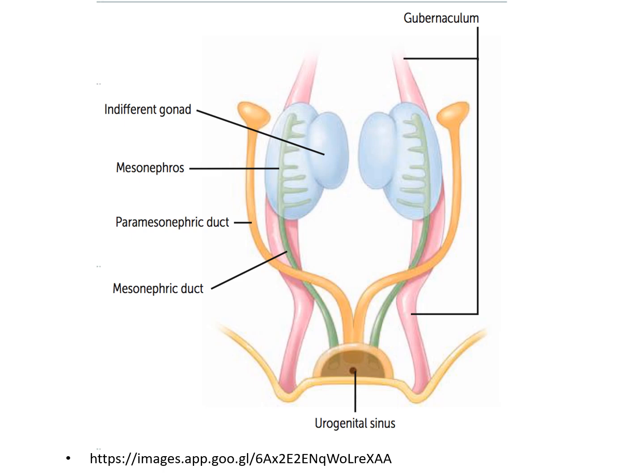Okay, so we have the gonad, which is indifferent, meaning undifferentiated. It is not said to be testis or ovary. Until now, it is not differentiated. So this gonad is supposed to produce gametes, and this gamete is supposed to go through this paramesonephric duct.